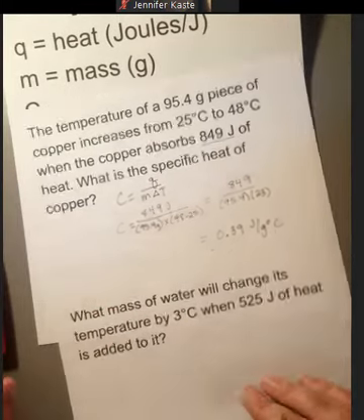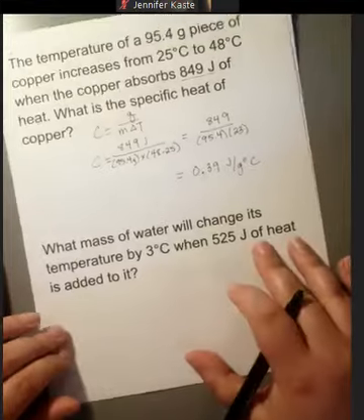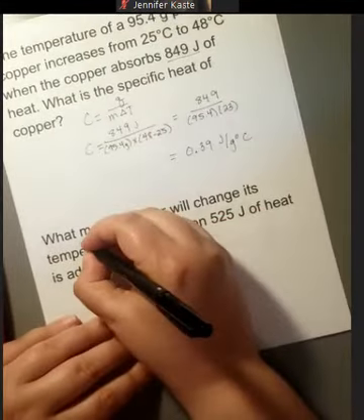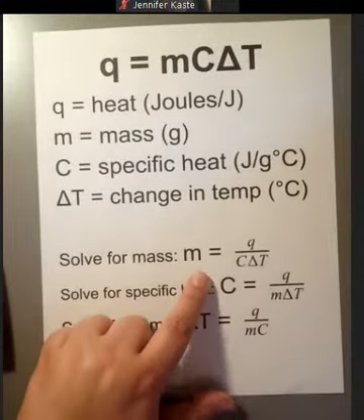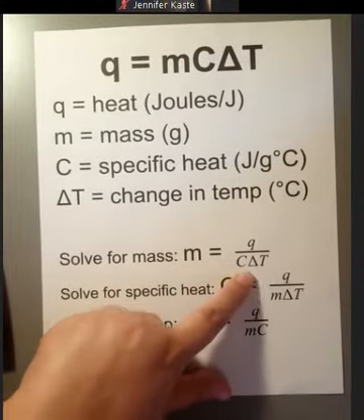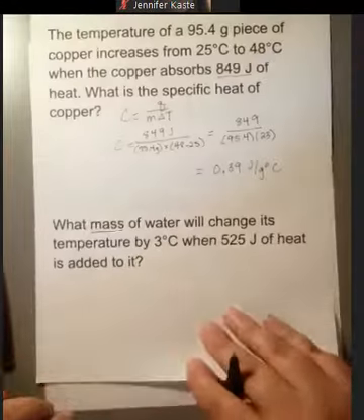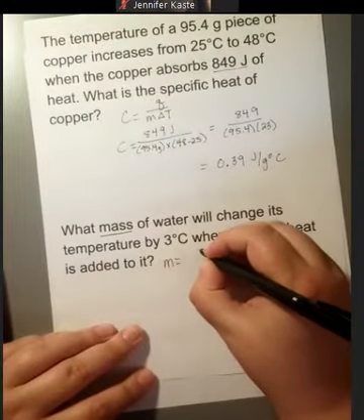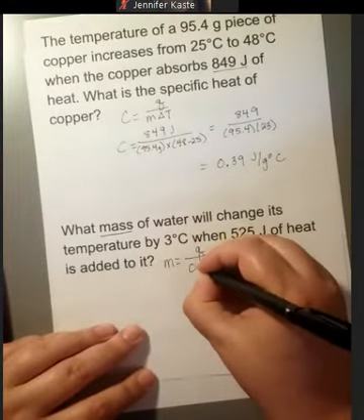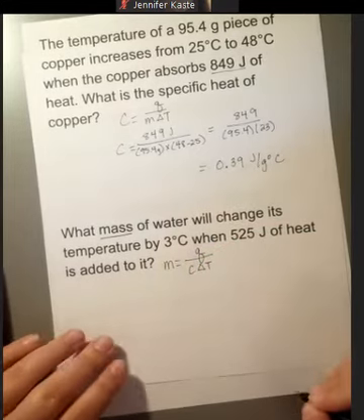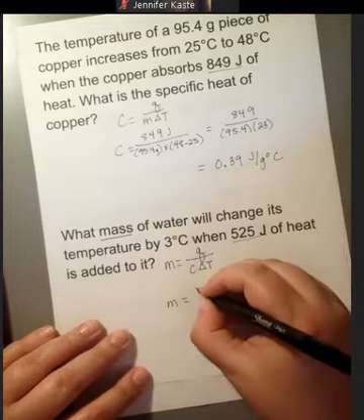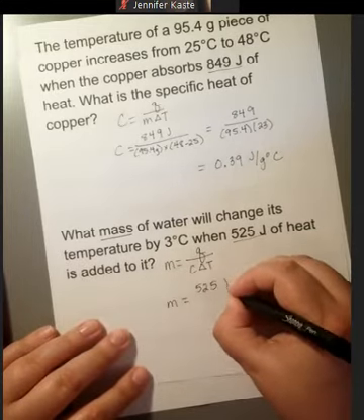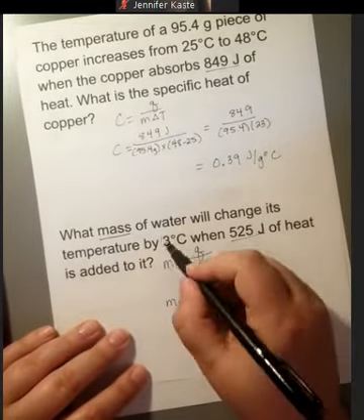Okay, the last one we're going to do here is asking you to solve for the mass of water. So mass is Q divided by C delta T. So mass equals Q, 525, divided by C. Again, it's water.